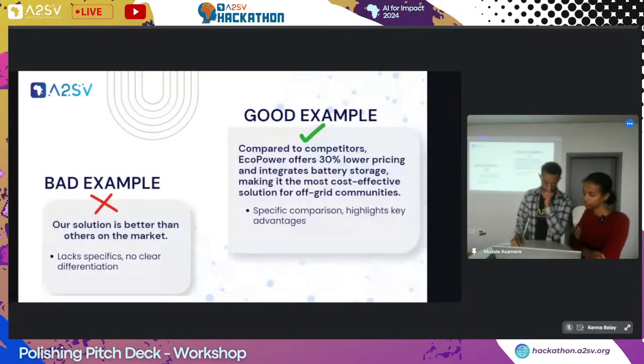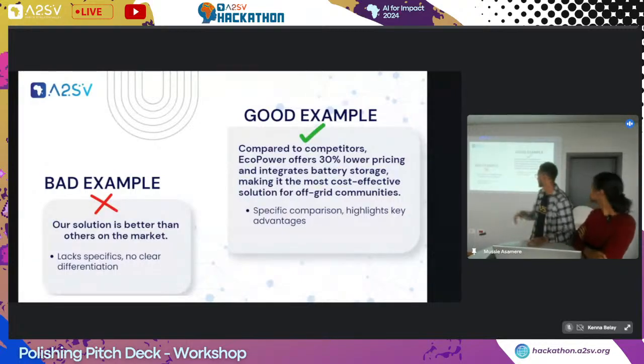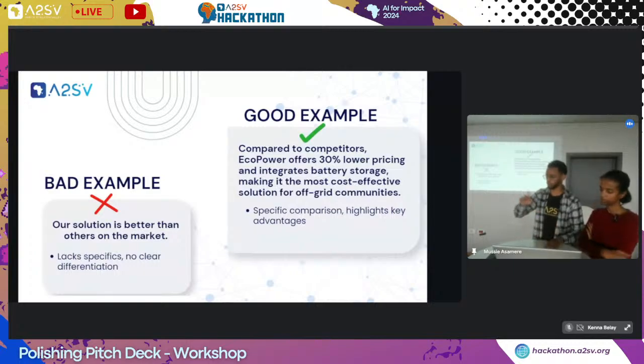Let's see examples. In this example, we haven't included the traditional matrix or table, in which we would list out our competitors and our unique value propositions, and show which parts we excel in and things like that. That should be the case in your pitch decks, but there is also a section where you can include a statement.